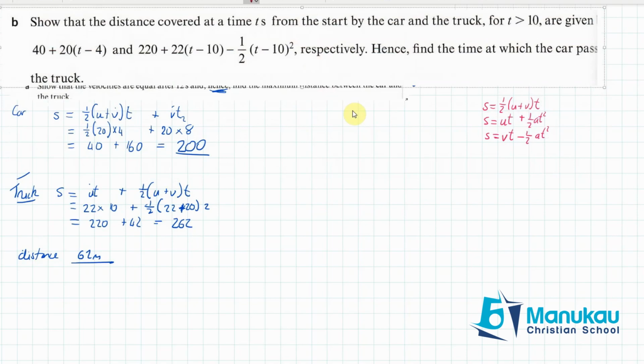Well, it's going to be half u plus v times t. That's the first few seconds.